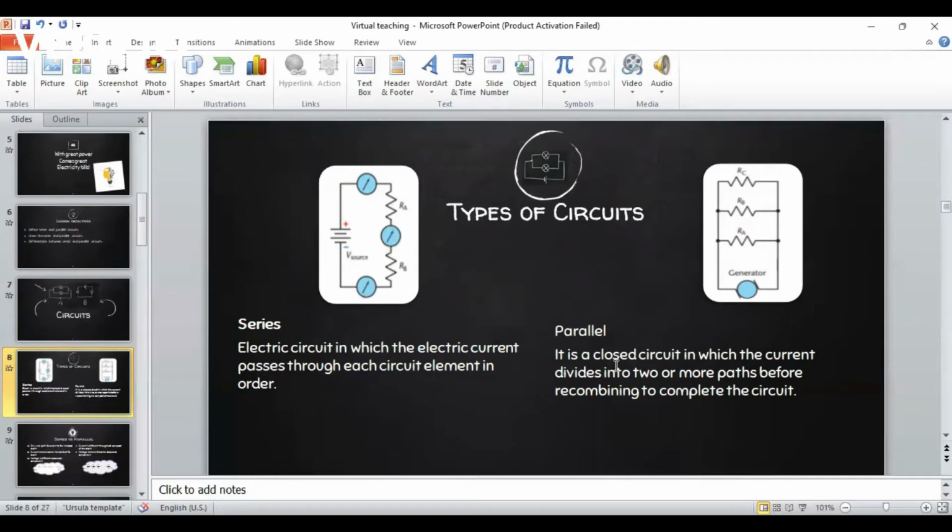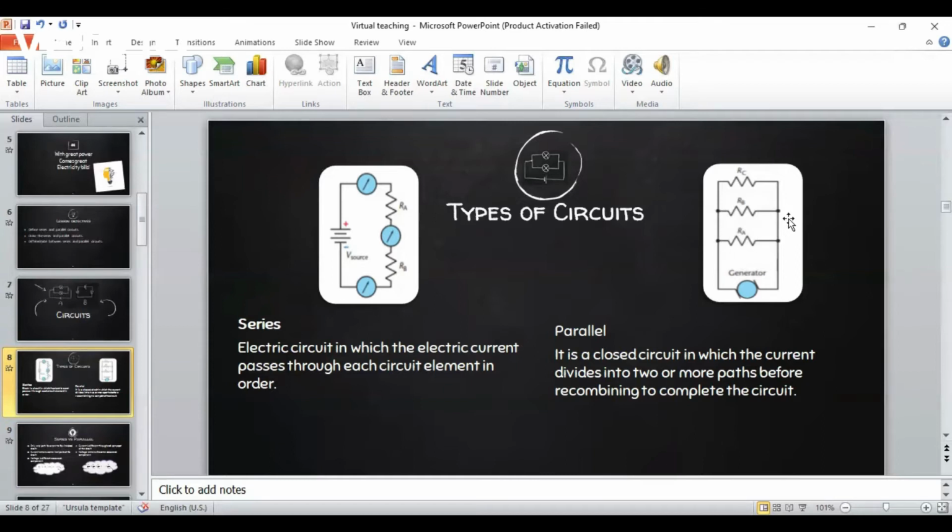And parallel circuit, this is a closed circuit. Why are we calling this a closed circuit? When the current flows from the generator, it goes here, but you can see there's a branch going over here. Just like the main highway is like this, and the branch is going. So the electric current divides.